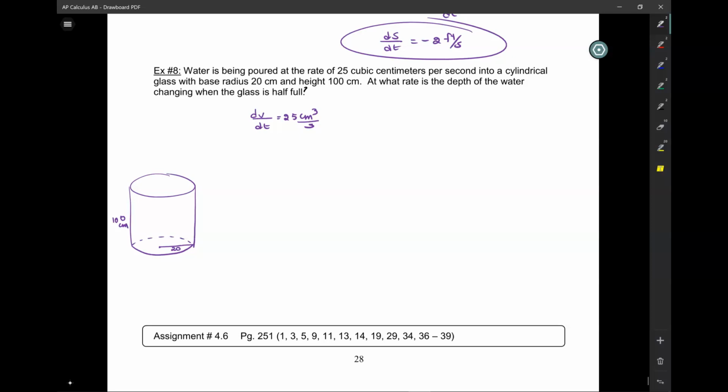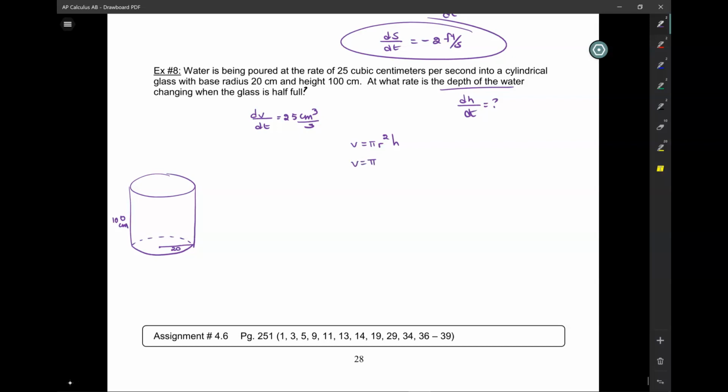Okay. So if this is dV/dt, what is it that I need? dH/dt. So now I need an equation that will relate V to H. And so V is equal to pi r squared H. Now I have some things that are constant here, right? Pi and the radius are constant.